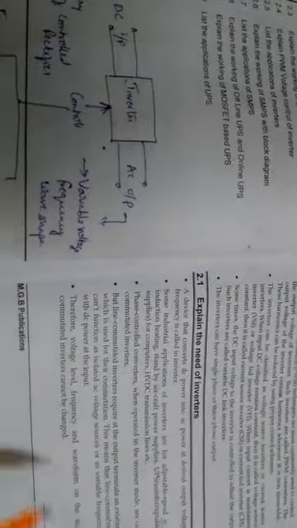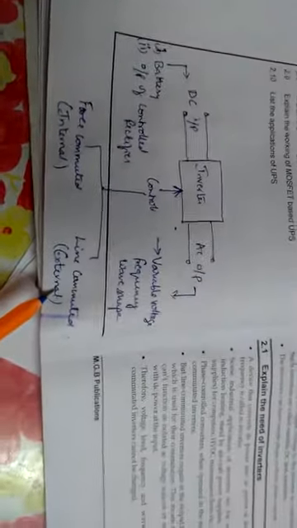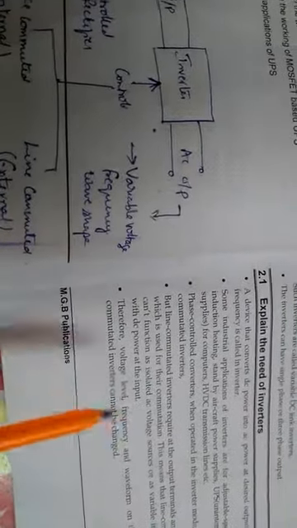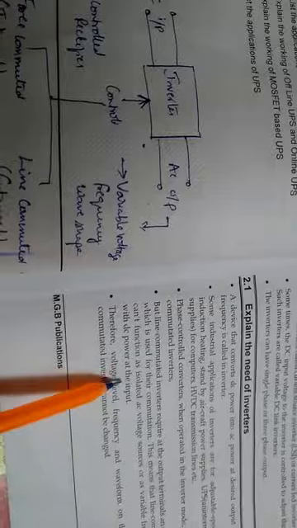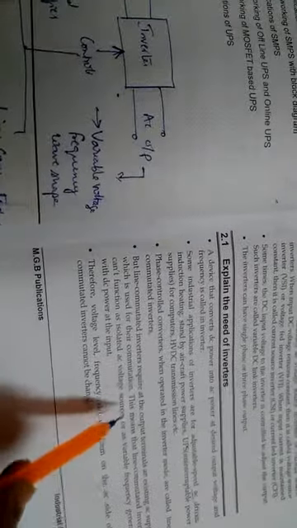So next comes line commuted inverters and force commuted inverters. Line commuted inverters, as we already told, are the external way of controlling the inverter. So we need to control externally, meaning the AC voltage source which is used for converting to DC. Here we have seen the output of a controlled rectifier can also be used for DC input.